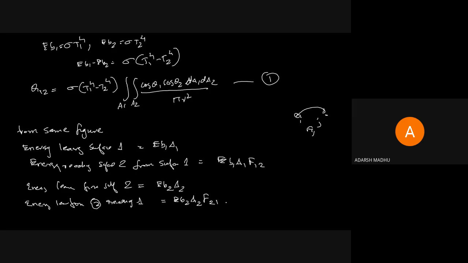The net heat exchange, like the same equation. Net heat exchange equal to, like we had നേരത്തെ 1 2 മൈനസ് ചെയ്തില്ലേ കഴിഞ്ഞ ഇക്വേഷൻ, അതേപോലെ തന്നെ net heat exchange, it means Q12 equal to EB1 A1 F12 minus EB2 A2 F21.